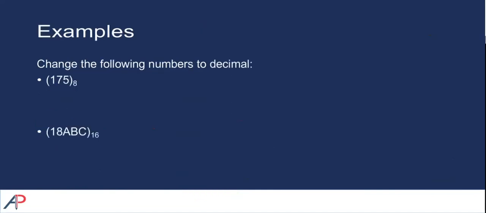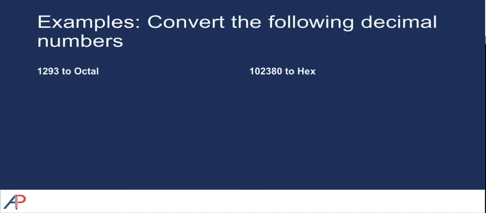We have 175, and we're going to convert that into our, sorry, I skipped ahead. Right here, we had 1,293. We're going to convert it to octal. So let's try it just by dividing everything by 8 consistently. Let's start with 1293. This is our original number.